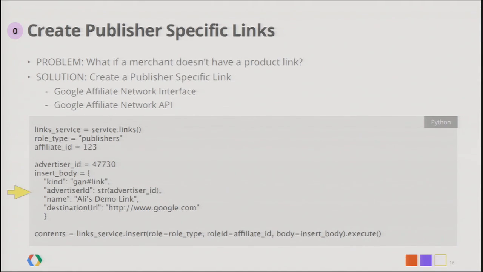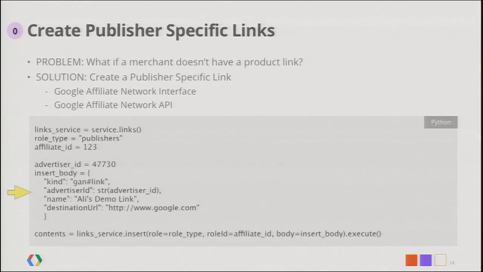So let's just take a quick look at this. As you can see, there are a lot of commonalities between this API and the previous API we just showed you. You still see the role type, as well as the affiliate ID. But now you see what is called an insert body. An insert body contains 3 main fields that you need to populate.